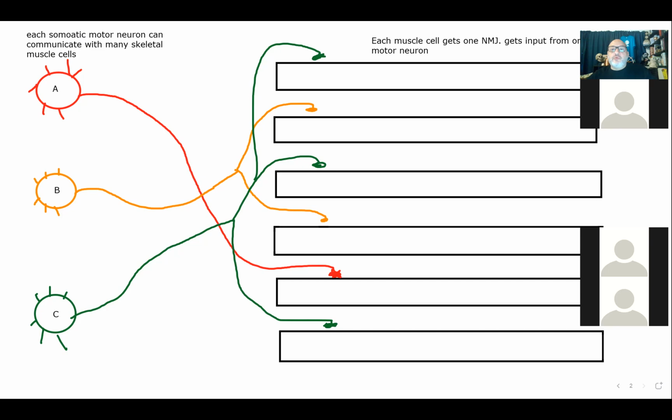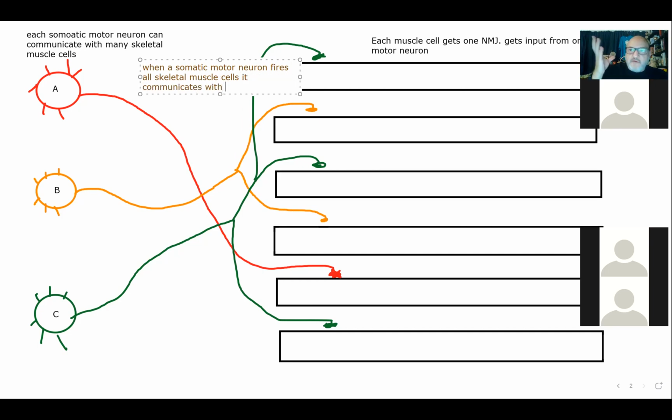The other important rule to remember about our motor units is that when a motor unit fires, or let's say it this way, when a somatic motor neuron fires, all of the cells it communicates with fire, contract, and relax together.